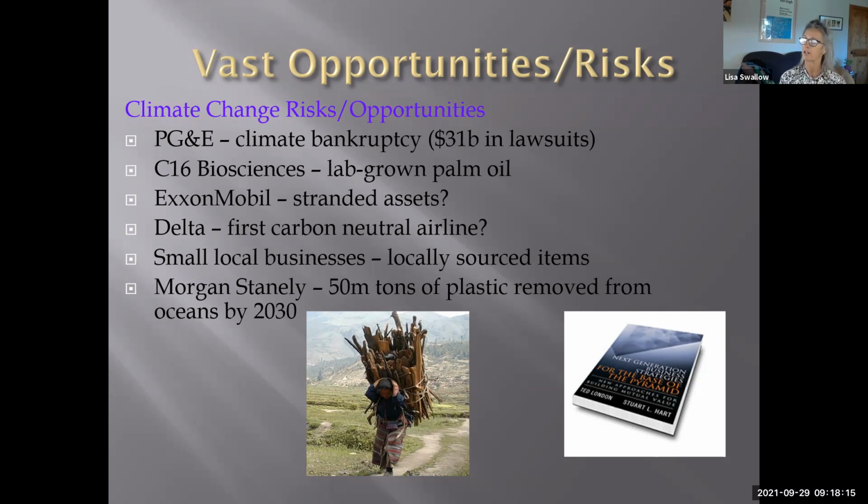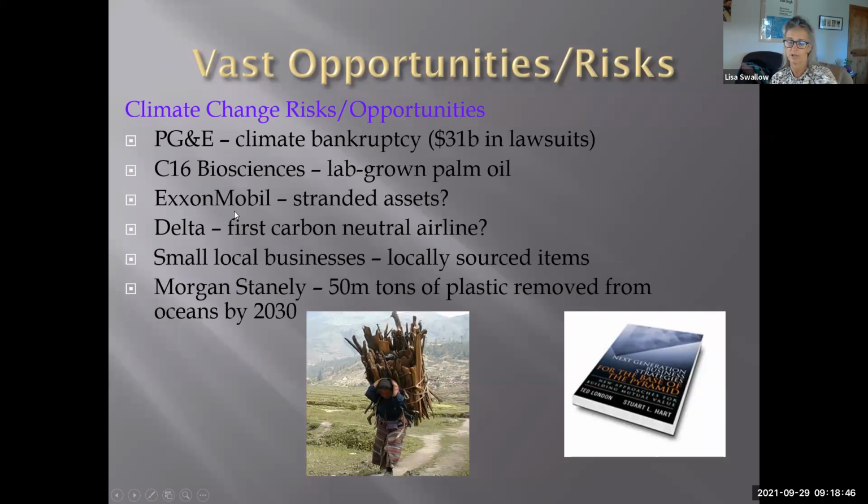Indonesia, Brazil, taking down forests, putting up palm oil because it goes in all these consumer products. And deforestation is a major contributor to climate change, right? So now we have a company that's looking at how we can grow palm oil without needing to put up palm trees to do it. So it would mitigate deforestation. Talk about an opportunity that's driven by climate change. Wow.